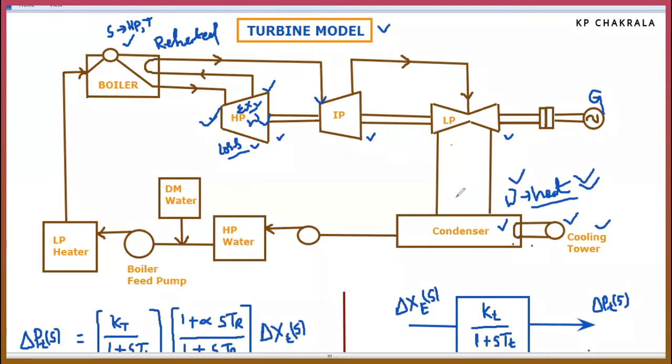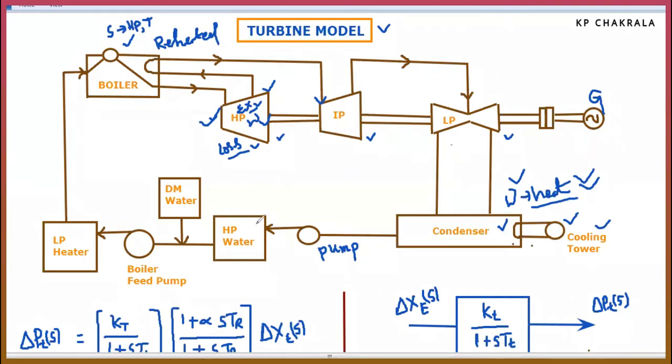After it is completely cooled down, the water is circulated using pumps. So we have the feed water pumps. By using the circulating water pumps, the water is circulated from the condenser to the boiler.